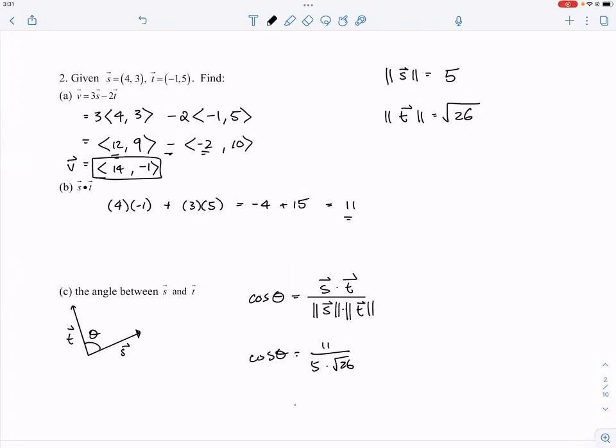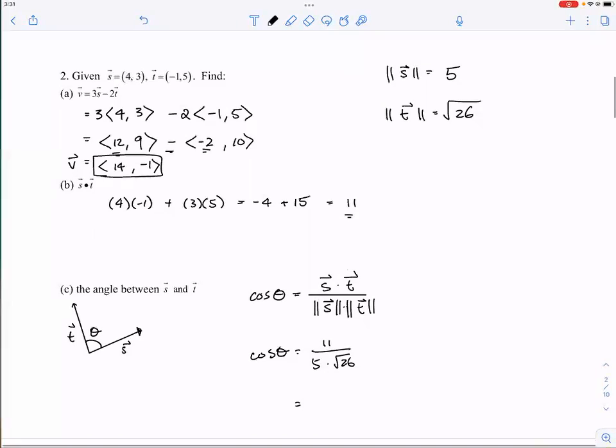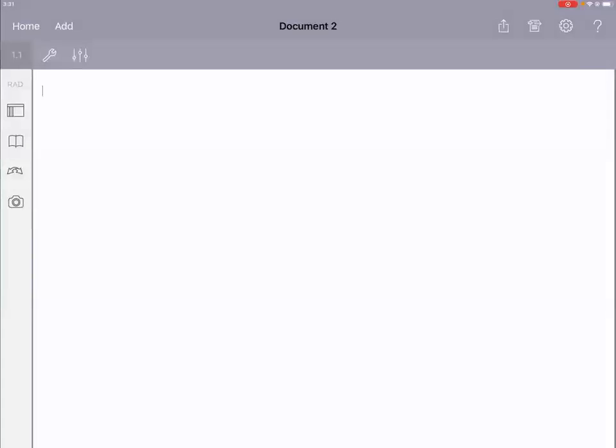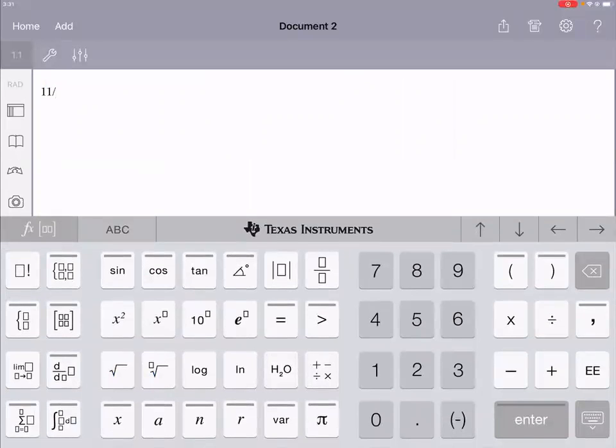Okay, so I basically put everything into the calculator. So 11 over parentheses 5 times square root of 26. Right, 26. Okay, so I got the number, cosine theta is equal to this number.